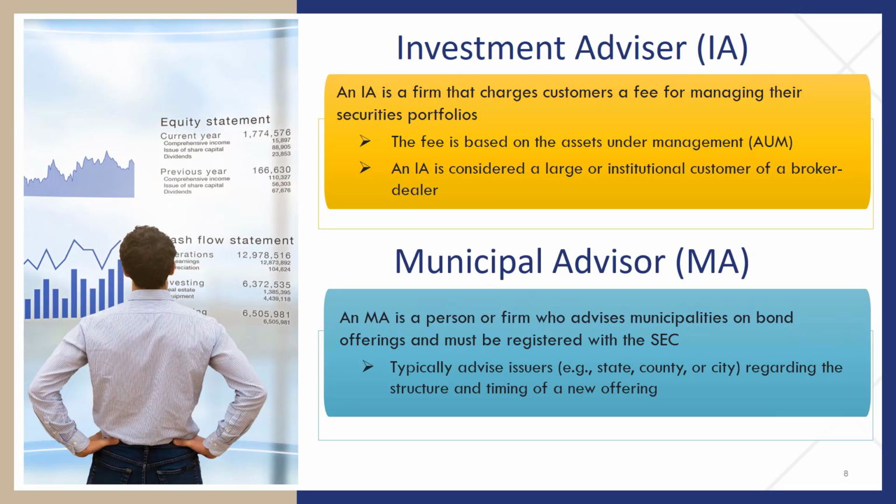So a brokerage firm might act as the underwriter, but who's the intermediary between the underwriter, the brokerage firm that's going to sell these securities, and the town, state, or city that's going to issue those securities? They are known as municipal advisors, or MAs.